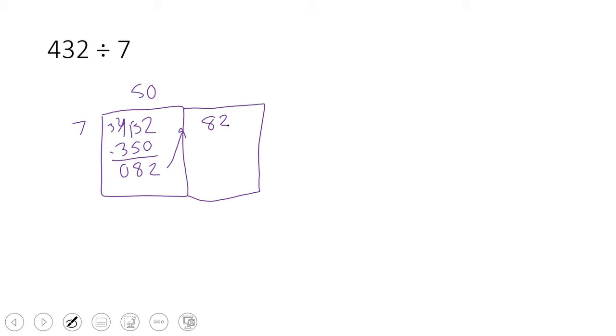I'm going to choose a nice number, and I'm going to choose the number 10, because I know 7 times 10 is 70, and 82 minus 70 is 12. Is 12 less than 7? Yes, it is. So I add another box.